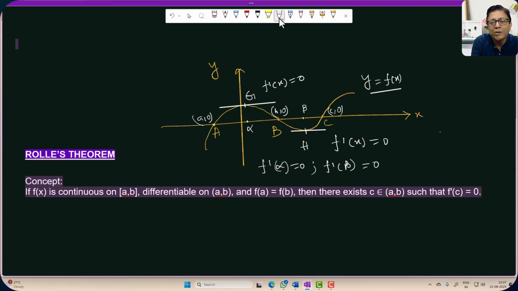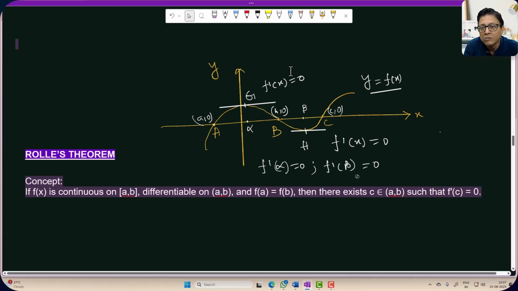Here also between B and C there is a zero of f dash x equal to 0. This is Rolle's theorem: between two successive zeros of f(x), there is a zero of f dash x.